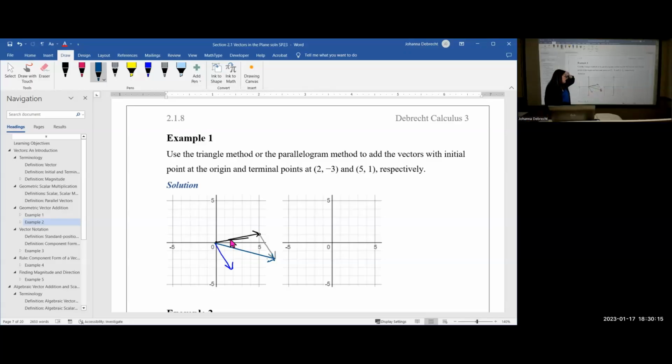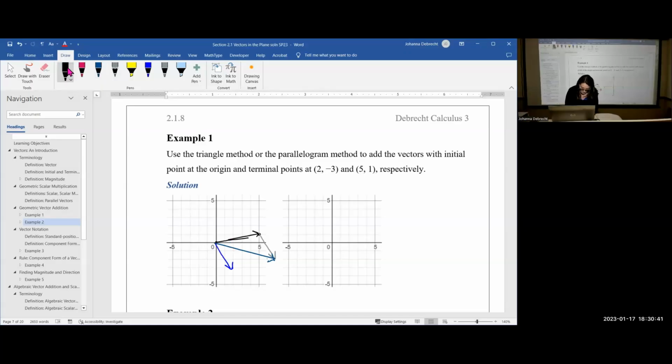And you may say, okay, I see the triangle method, but where's the parallelogram? Well, the parallelogram would not have drawn that vector first. What it would have done is taken this blue vector and drawn it at the tip of the black vector. And then it would have taken the black vector and drawn it at the tip of the blue vector. And so I would have drawn that one, which goes right 5, up 1.